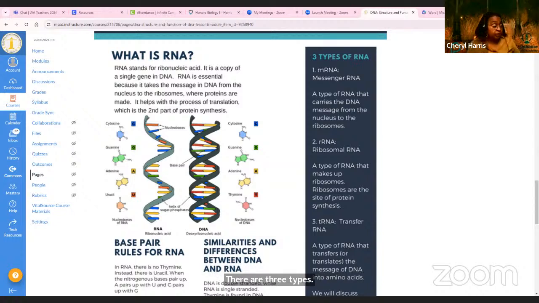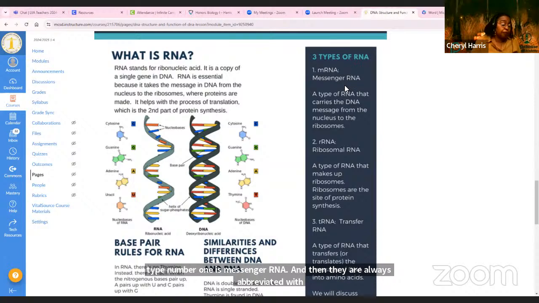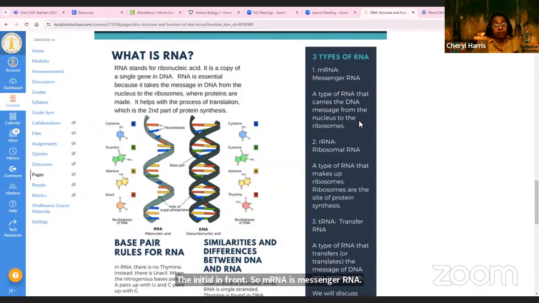You need to write these 3 types down. Type number 1 is messenger RNA, and they're always abbreviated with the initial in front. So mRNA is messenger RNA. That's the one you'll find in the nucleus, and it's the one that is reading the information from the DNA.